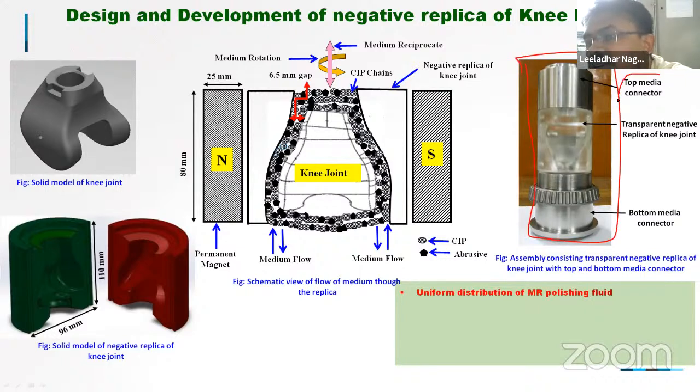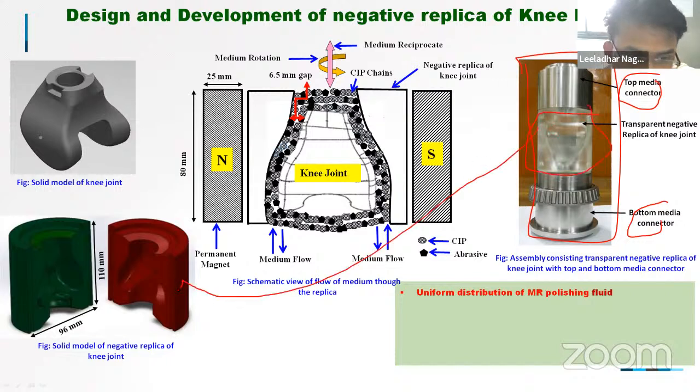as we have discussed in our previous slide. This will be the top media connector, bottom media connector, and here we have fabricated it finally. Initially we fabricated it with acrylic material just to see the adaptability and how it is working.